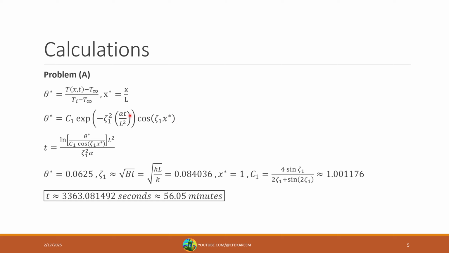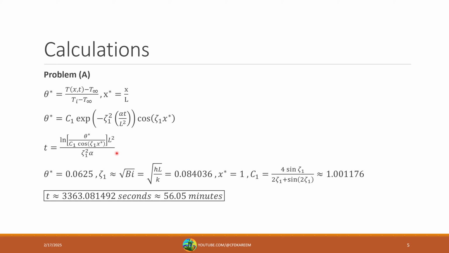Since we're going to solve for time, which we can get out of the Fourier number, we can rearrange our equation and solve for t. The equation becomes t equal to the natural log of theta star over C1 cosine zeta 1 x star, times L squared over zeta 1 squared alpha.